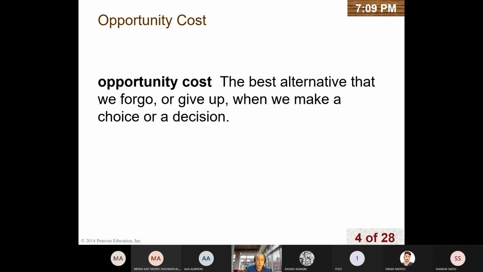So when you make a list of costs of producing tomatoes, add an opportunity cost for producing tomatoes, which is the best alternative that you gave up, which is 10,000 dirhams. So when he manages his farm, nobody will give him a salary.